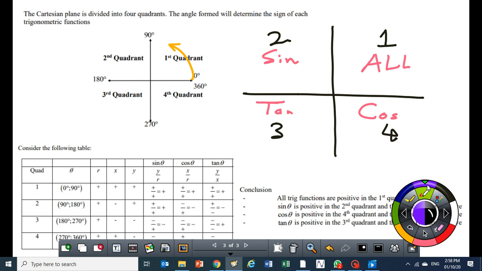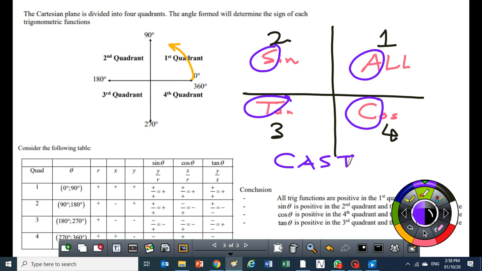We take the first letter, starting from the first quadrant, the C, then going anti-clockwise, the A, then the S, and then the T. You can come up with the word CAST. If you hear me saying CAST diagram, I will be referring to the Cartesian plane.